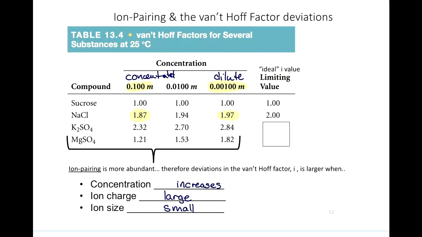Where's there more attraction? Plus two minus two. Yeah, so if you have high charges, plus one, minus one versus plus two, minus two, this one's gonna have more ion pairing, the plus two, minus two, more ion pairing. Right, when it's plus two, minus two.